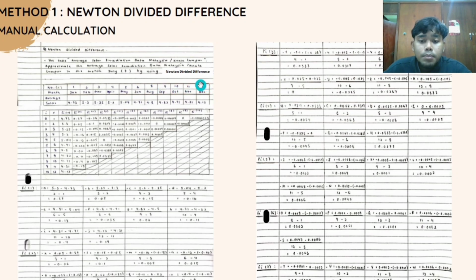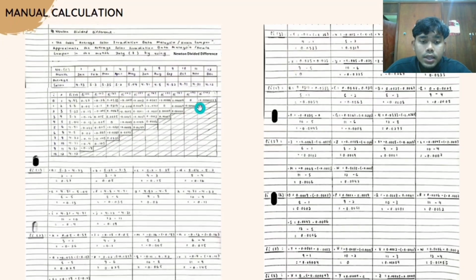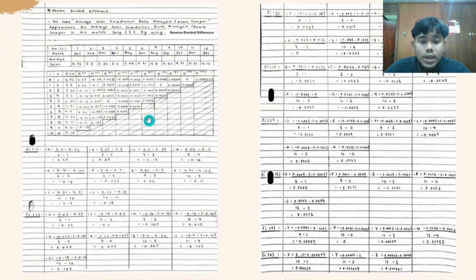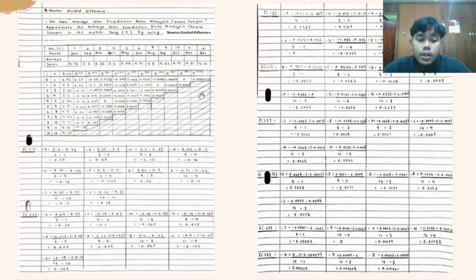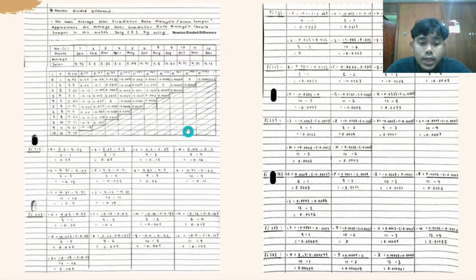We can perform Newton divided difference interpolation similarly to what we did with 10 data points. The divided difference table for 11 data points will have 11 rows and go up to the 10th order difference. You will calculate each divided difference using the given 11 data points, filling in the table accordingly.